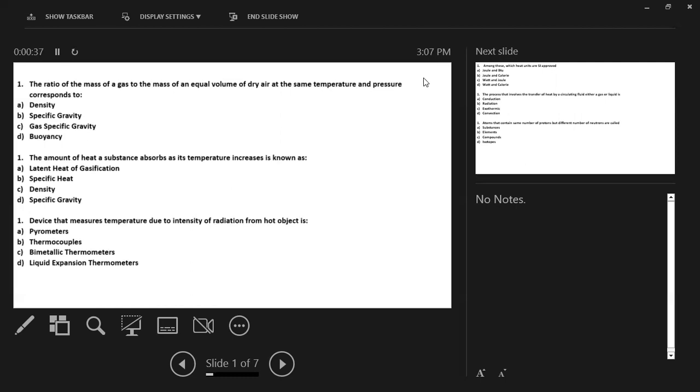Why? Because mass per unit volume is, of course, density, but here they are specifically mentioning the dry air concentration. And dry air concentration is the gas specific gravity to identify the buoyancy.